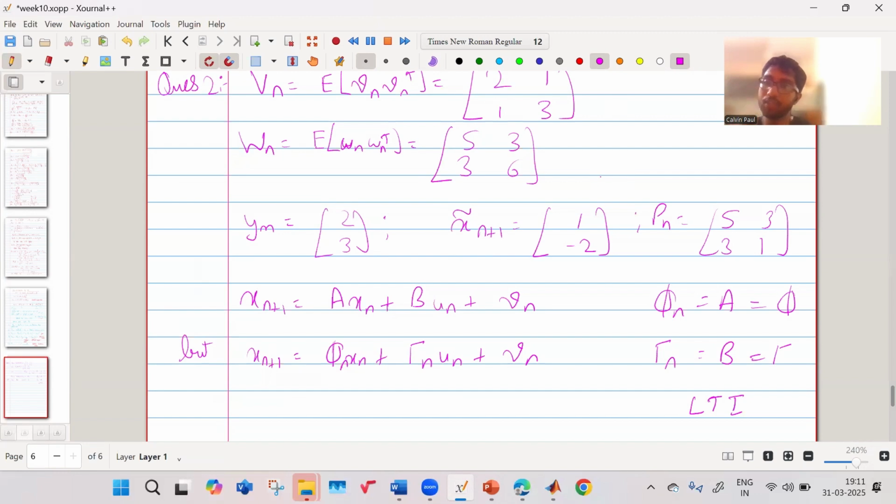It is no longer dependent on time. Okay. So the confusion about what is phi and what is gamma is eliminated now.